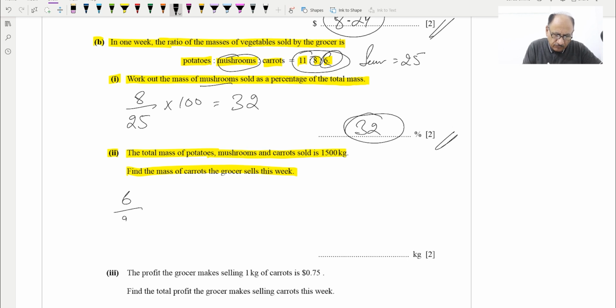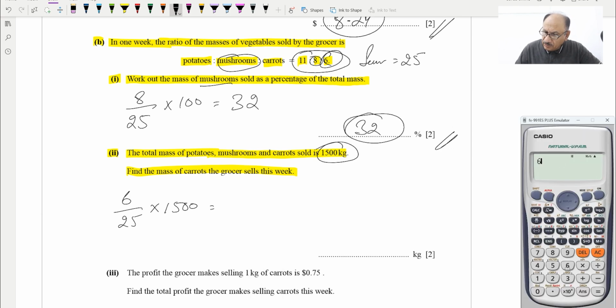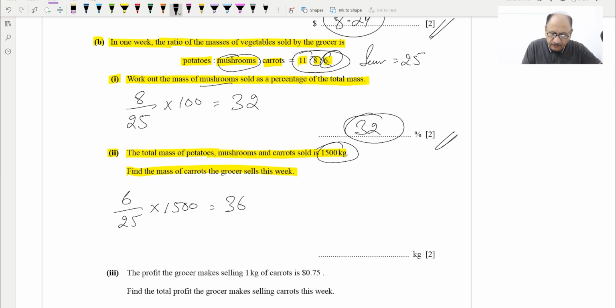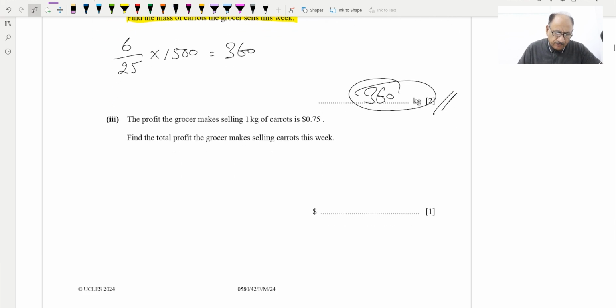So 6 out of 25 multiplied by the total mass sold, 1500 kg. This will be 6 over 25 multiplied by 1500, which results in 360. So 360 kg will be the answer for 2 marks.